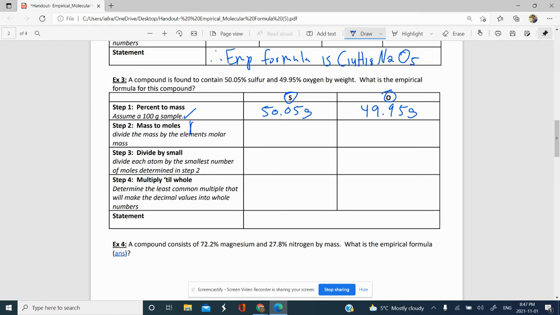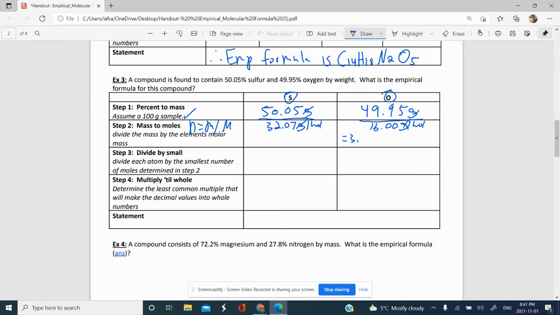Mass to moles, remember, moles is the mass divided by the molar mass. So we'll do divided by 32.07 grams per mole over here. And over here, we have divided by 16.00 grams per mole. Cancel out grams. And we get 49.95 divided by 16.